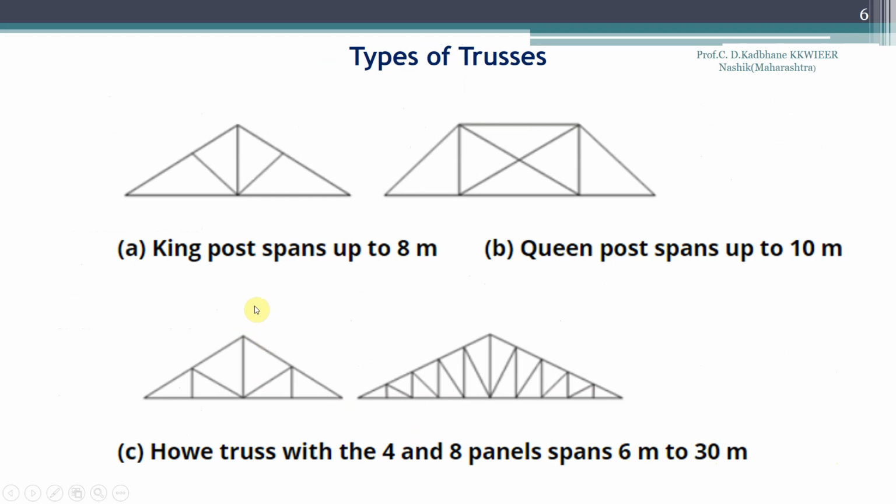Whenever the span changes, then we have to select different trusses as per the requirement of the structure. In case of spans up to 8 meter, we can use a king post truss. Then for spans up to 10 meter, we can use a queen post truss. Then in case of spans ranging from 6 meter to 30 meter, we can use a Howe truss.